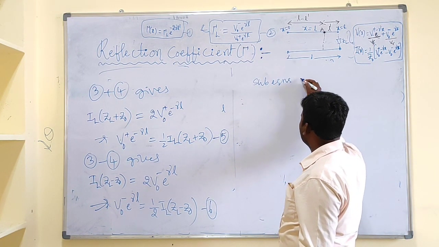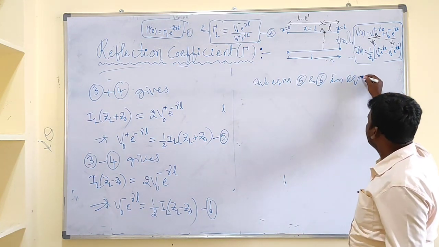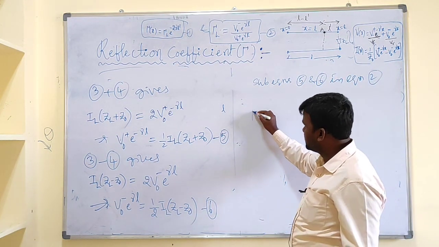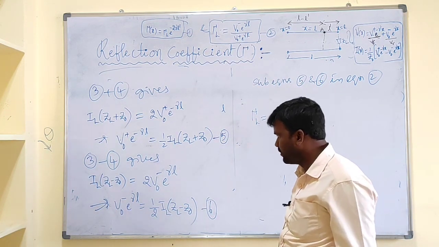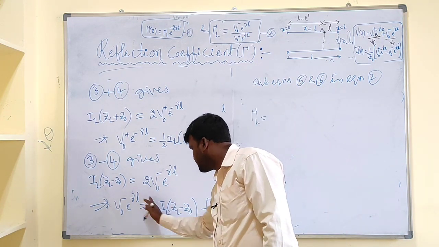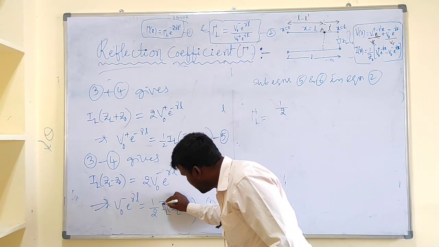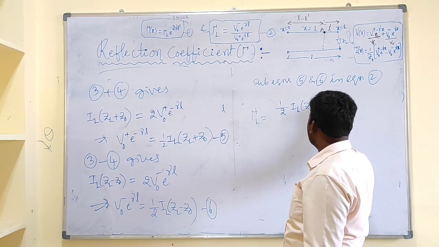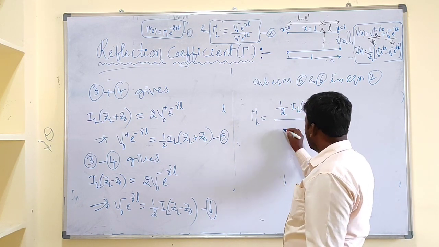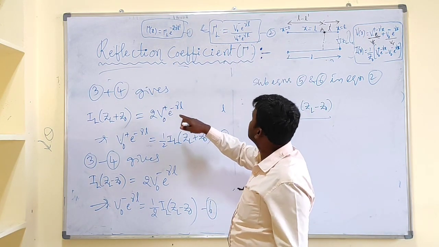Substitute equations 5 and 6 in equation 2. Equation number 2 is gamma L equal to V naught minus e to the power gamma L by V naught plus e to the power gamma L, which is nothing but 1 by 2 IL into ZL minus Z naught divided by 1 by 2 into IL into ZL plus Z naught.